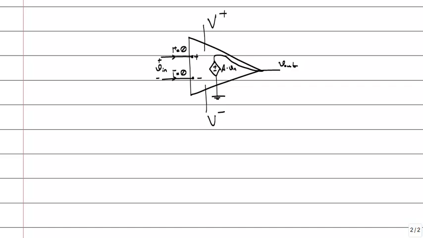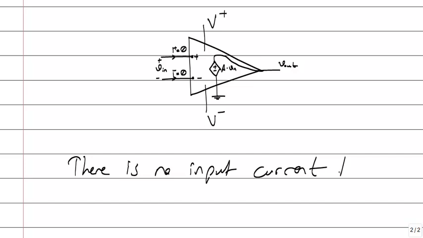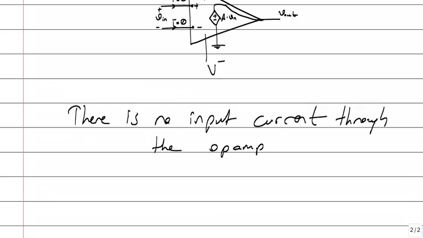So please never forget this. There is no input current through the op-amp. Okay, so it's a perfect amplifier.